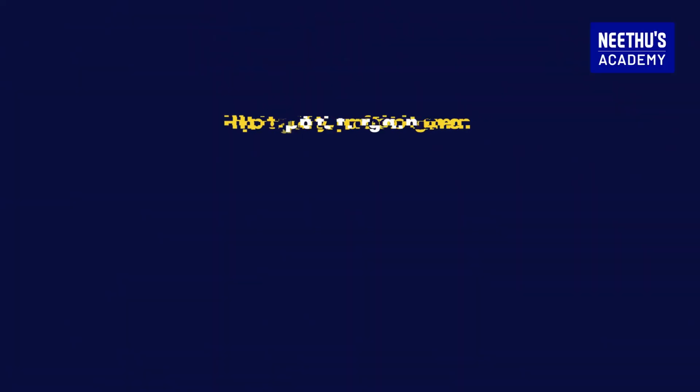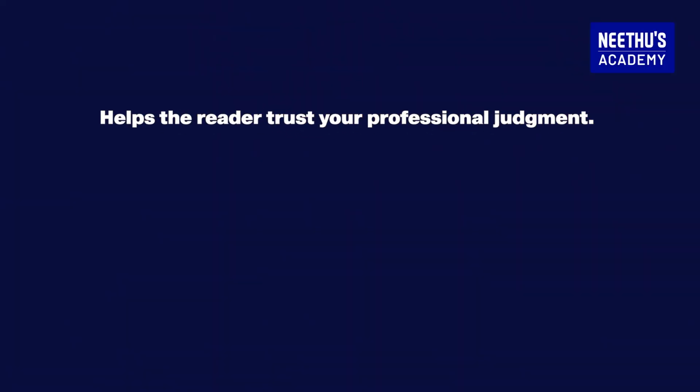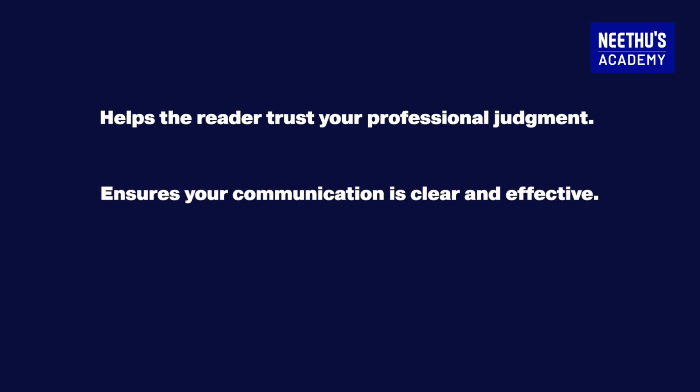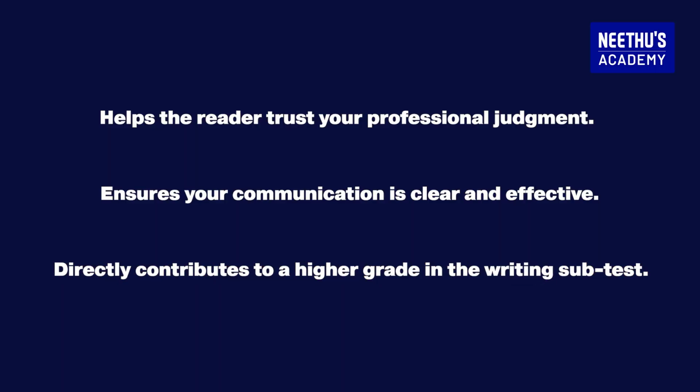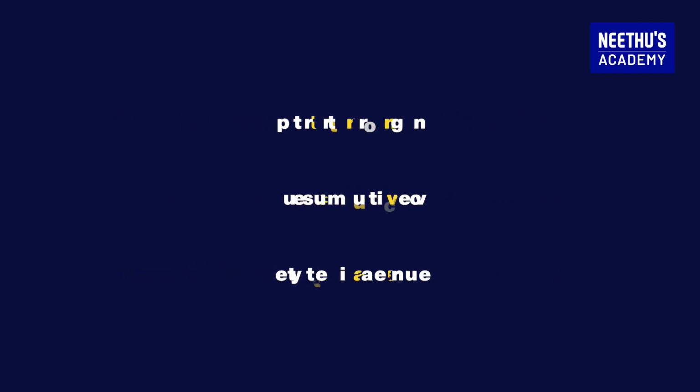So in order to make your tone and formality better, you have to keep in mind 3 points. First, it helps the reader trust your professional judgment. Second, it ensures your communication is clear and effective. Third, it directly contributes to a higher grade in the writing subtest.